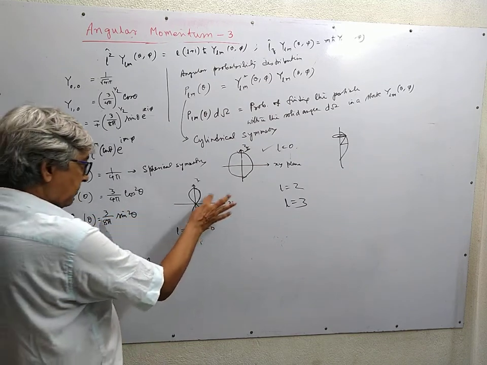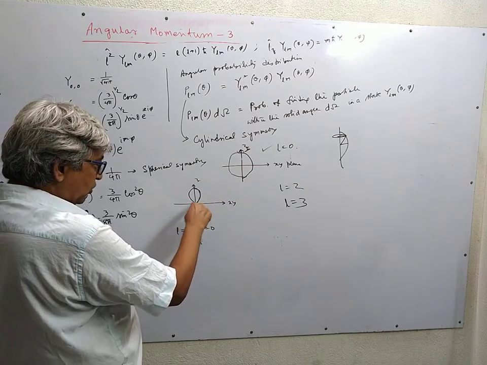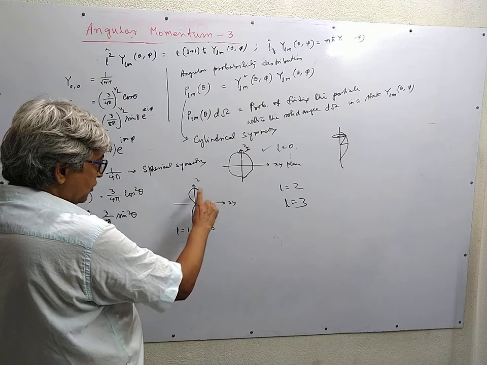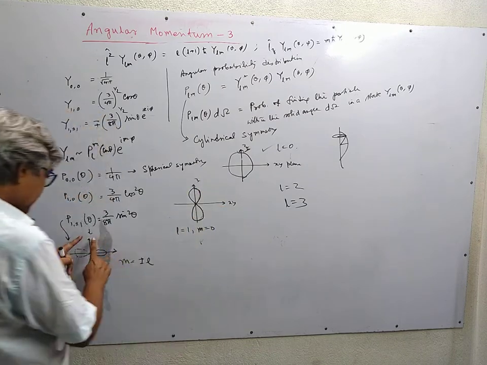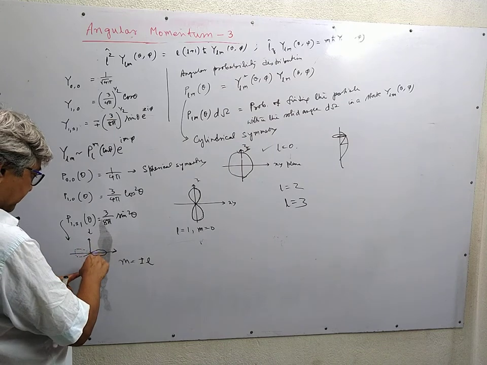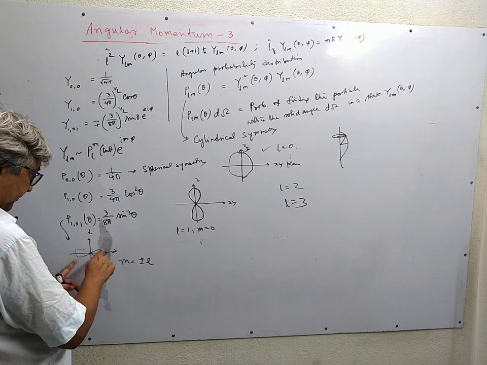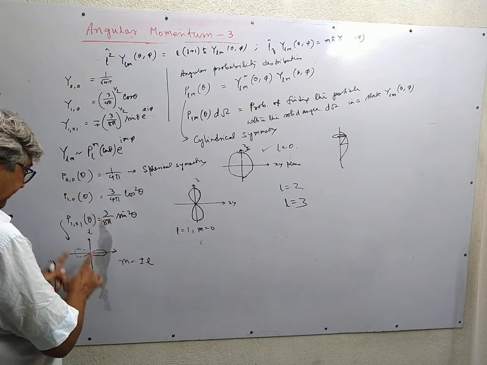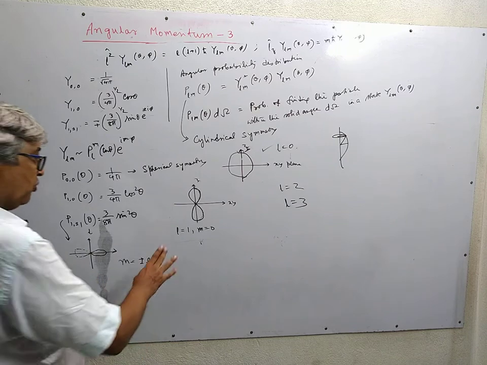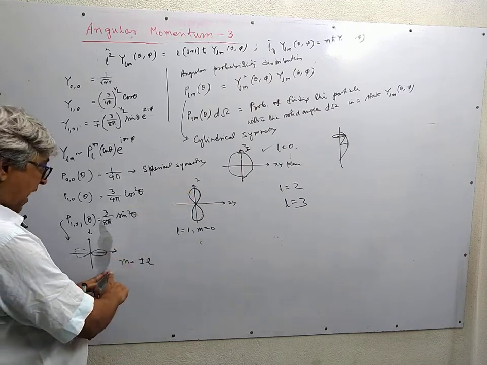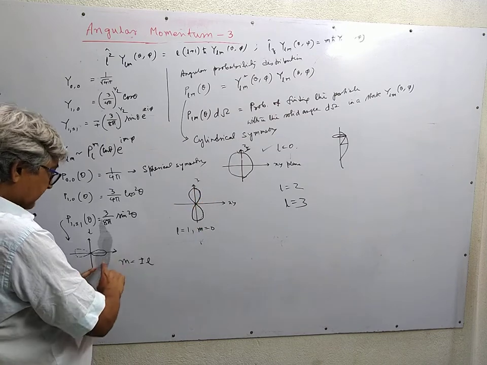In this case the particle has zero projection, so it is rotating in the xy plane, so its vector is directed along this. And in this case the maximum projection is along the z-axis, so the vector is nearly perpendicular to the z-axis. And as we move from M is equal to 0 to M max, this progressively changes and comes to this.